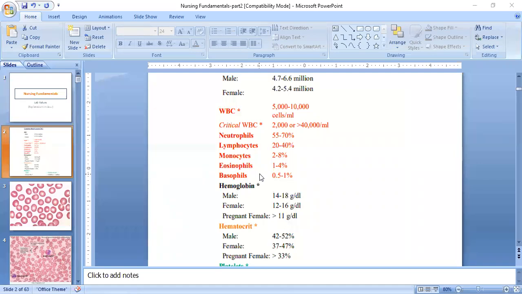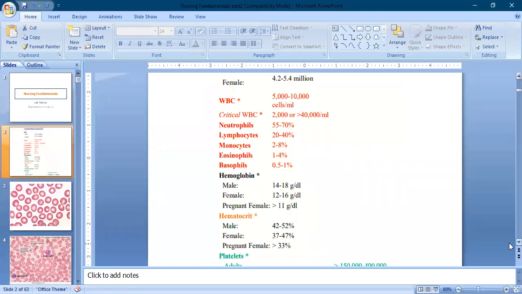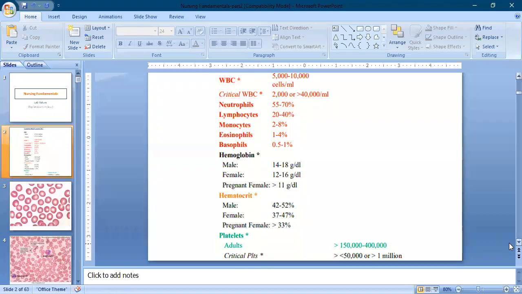So now we're going to talk about the hematocrit. Hematocrit, another measured value, and finally we should talk about the platelet, right?